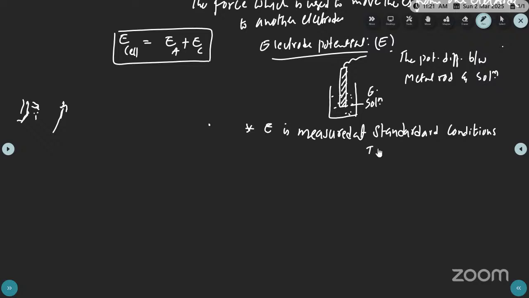The temperature is 25 degrees centigrade, and in terms of Kelvin you add 273, which gives 298 Kelvin. Next, the pressure is 1 atmosphere, and the concentration is 1 molar. So these are the standard conditions. If the potential is measured at these conditions, that potential is known as standard potential.